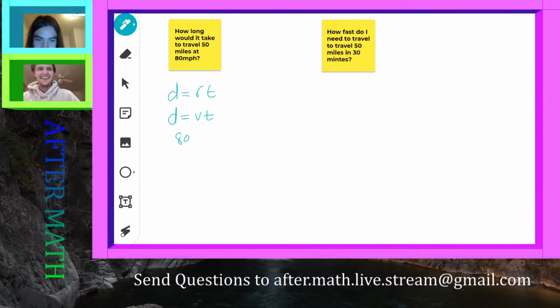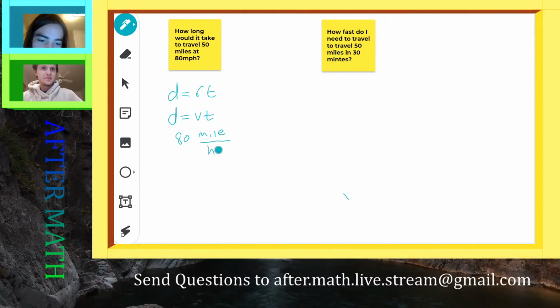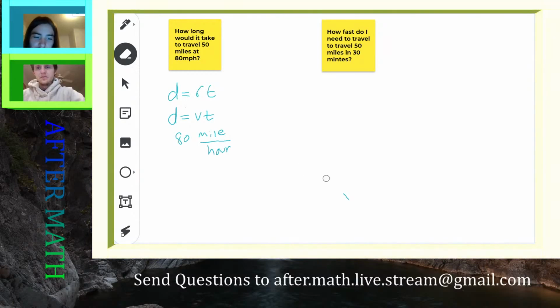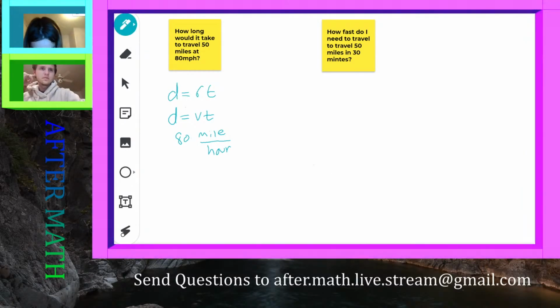But this is miles per hour. So if we think about what this actually means, you will travel 80 miles every hour.